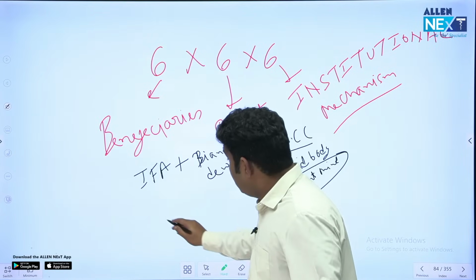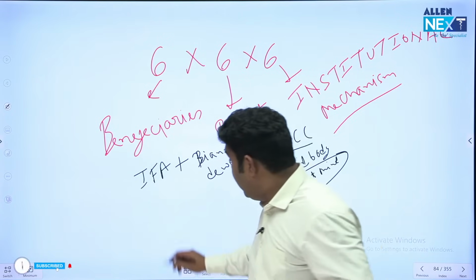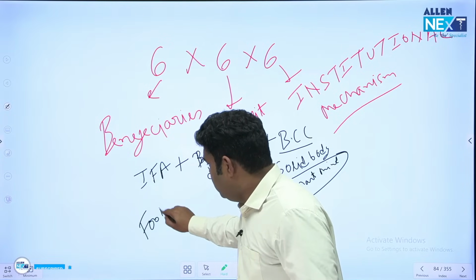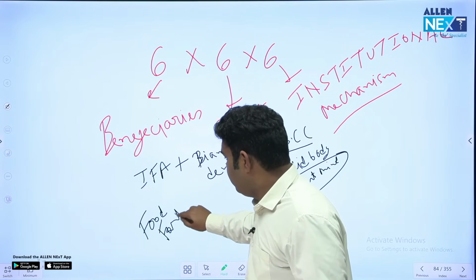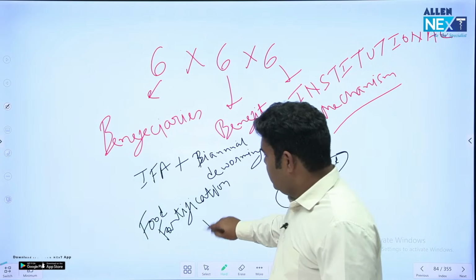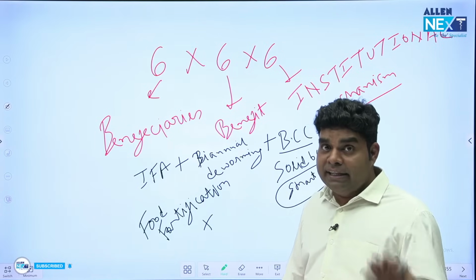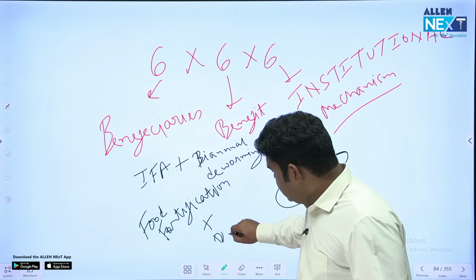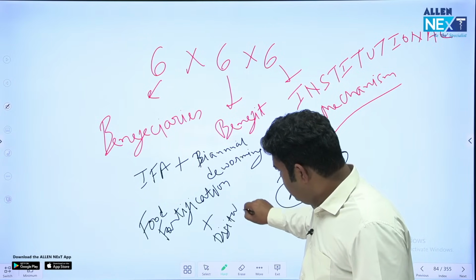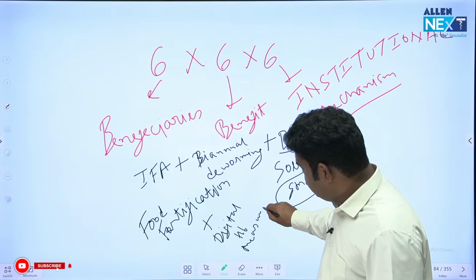Fourth benefit is the food fortification with iron and folic acid. Food fortification with iron and folic acid. The fifth benefit is digital hemoglobin measurement and follow-up of high-risk anemia cases. Digital Hb measurement and follow-up of high-risk cases.